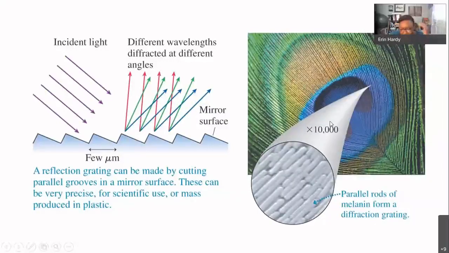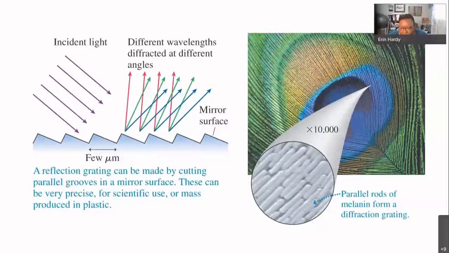This is an example of some naturally occurring material that has properties similar to a diffraction grating, so that you see some diffraction, or something that looks like iridescence, when you look at a peacock feather. This is something that we can tie back to something being lined up in parallel lines, the something in this case being melanin.